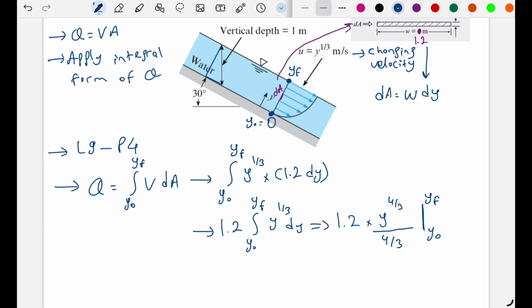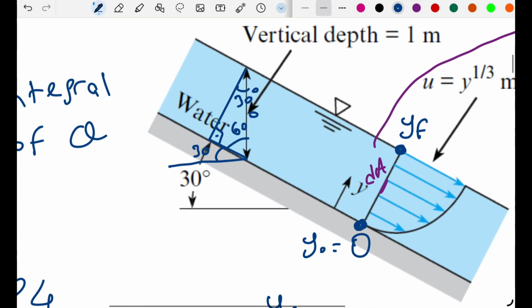Let me use some geometry here. The angle relative to the horizontal line, this one, is 30. Since we have this vertical depth and this horizontal line, this section will be 90 degrees, so we will have perpendicular. This section is 60 degrees, we have 90, and we will have 30 degrees. Let me zoom in.